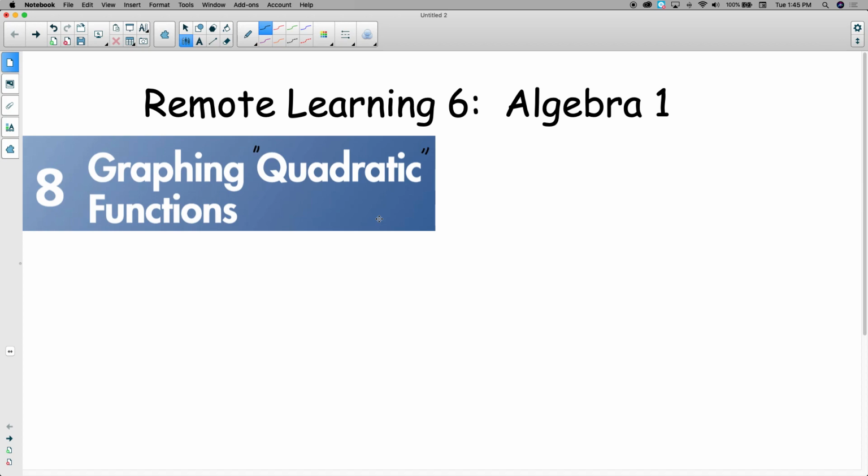Okay, so let me give you an example of a quadratic equation.